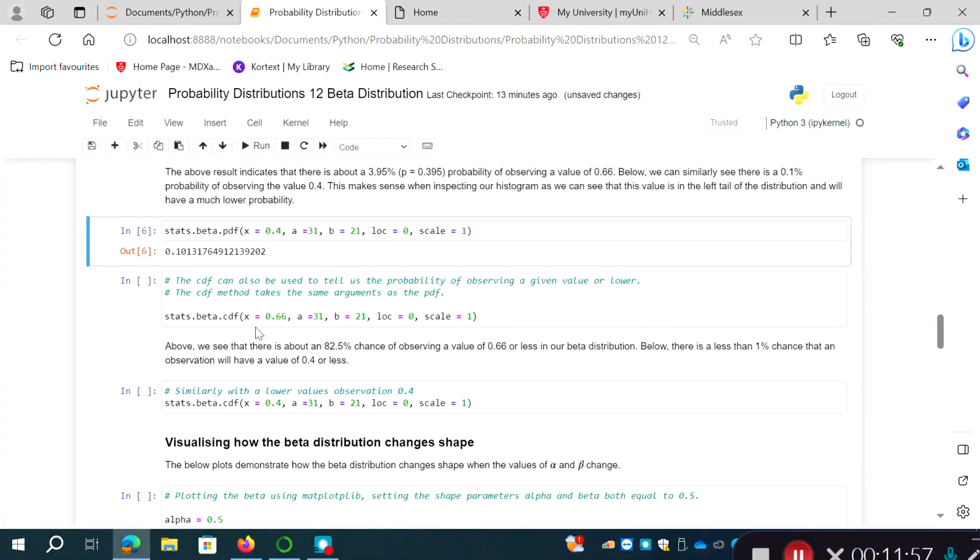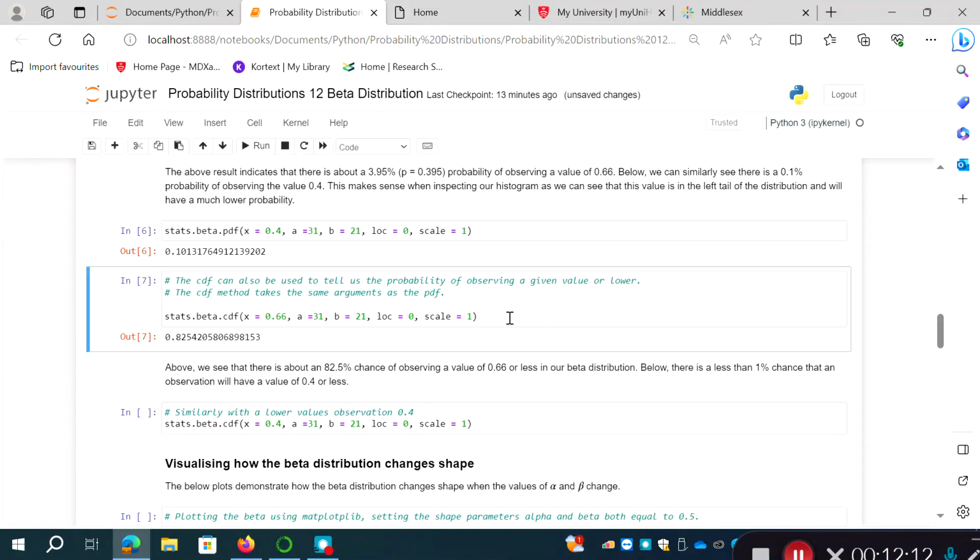In this case, we'll ask, what's the probability of getting an x value of 0.66 or less with our alpha and beta parameters of 31 and 21? So let's run that, and we get a value of 0.825. So there's about an 82.5% chance of observing a value of 0.66 or less in our beta distribution.